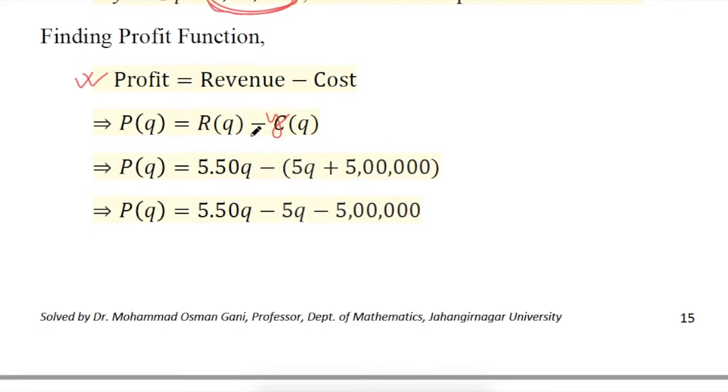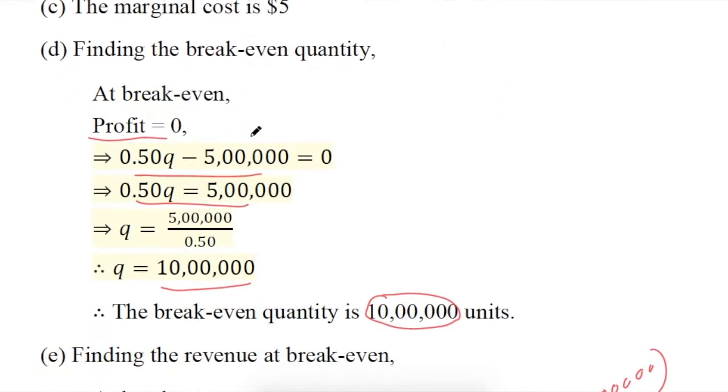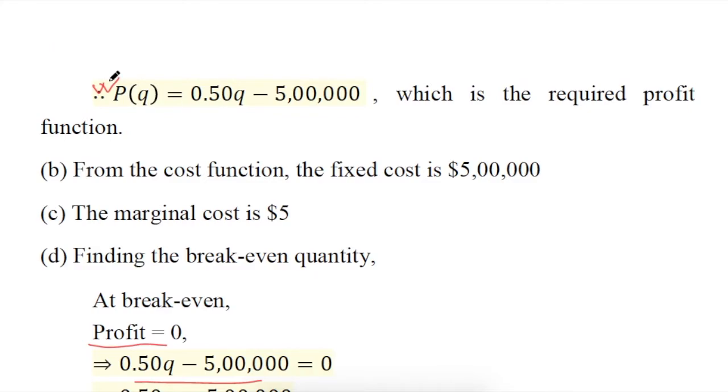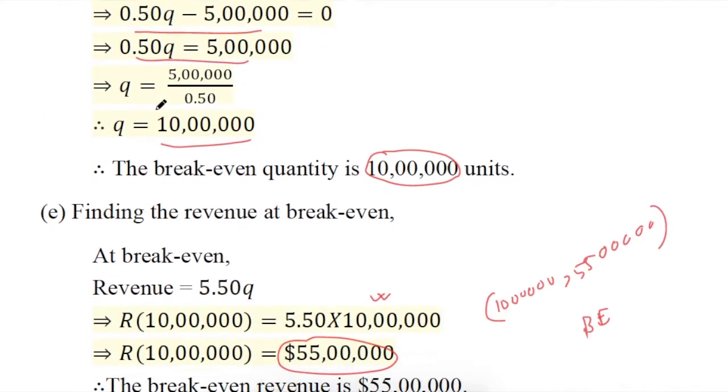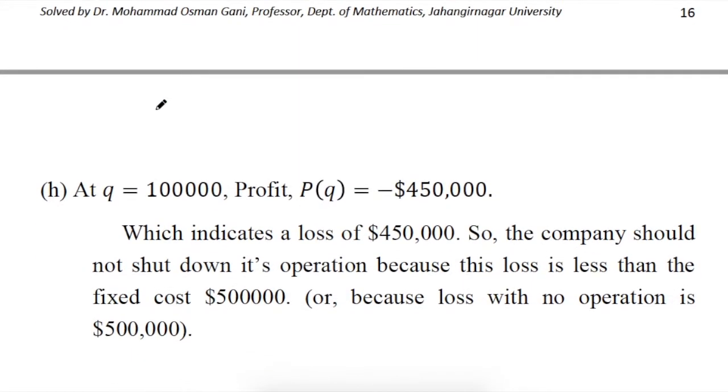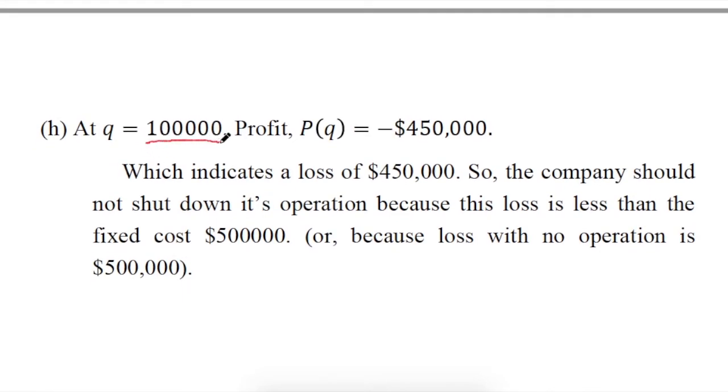So if the company can produce 100,000 units, then what will be the profit? If you put 100,000 units here, if Q equals 100,000, then the profit will be this amount, and the company is still in loss, since the profit is negative. So the company still is in loss of $450,000, but without operation the loss is $500,000.